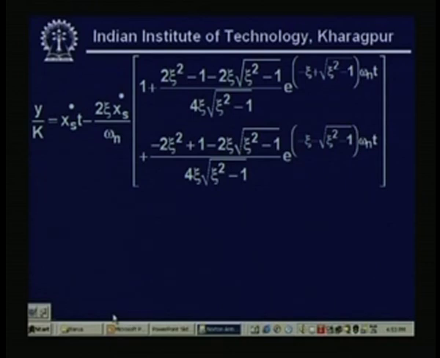So this is, as you can see, xs dot t minus 2 xi xs dot upon omega n, into the bracket 1 plus (2 xi square minus 1 minus 2 xi square root of xi square minus 1) upon (4 xi square root of xi square minus 1), multiplied by e to the power minus (xi plus square root of xi square minus 1) omega n t, plus (minus 2 xi square plus 1 minus 2 xi square root of xi square minus 1) upon (4 xi square root of xi square minus 1), e to the power minus (xi minus square root of xi square minus 1) omega n t. Fine.